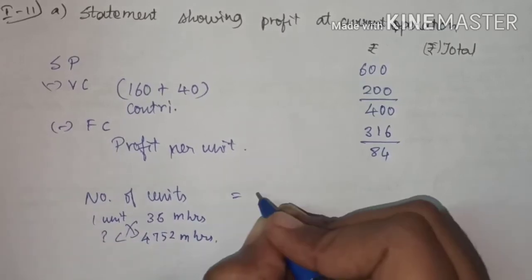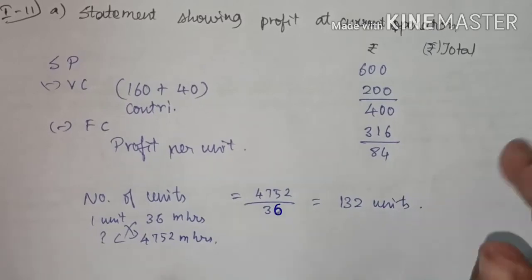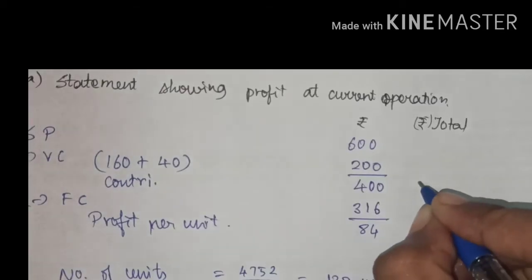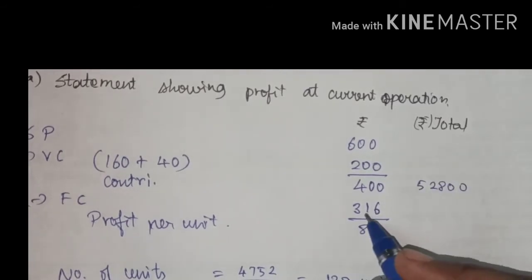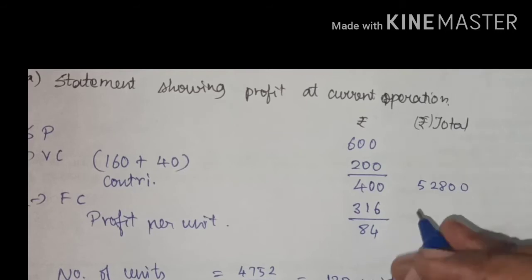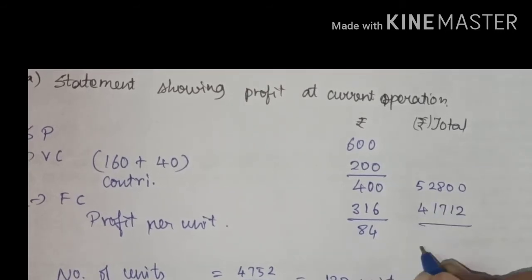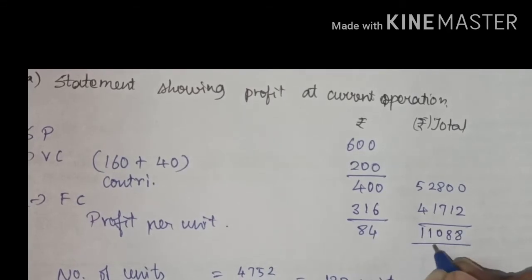You just cross multiply, it is equal to 132 units. 400 into 132 is 52,800 and 132 units into 316 is 41,712. Next, profit is 11,088.